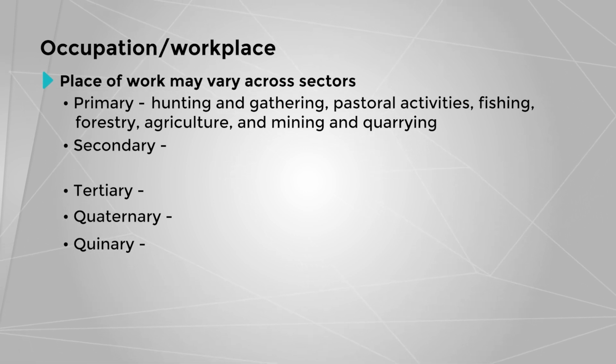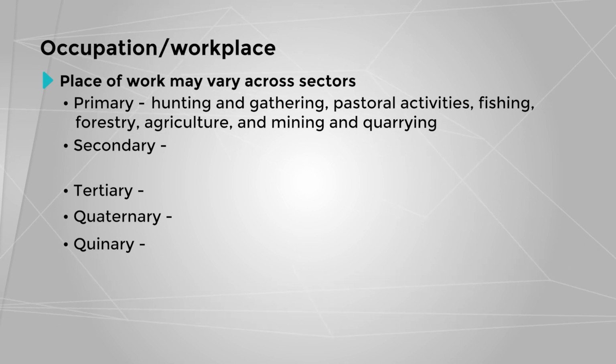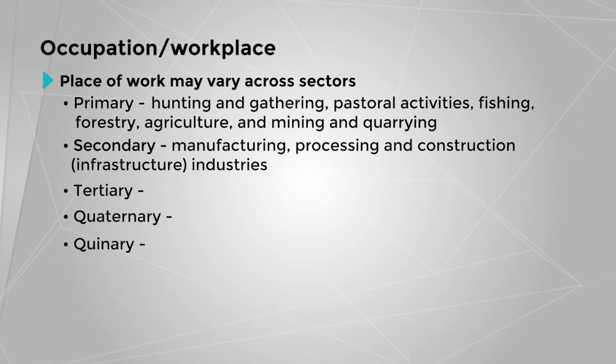People engaged in primary activities are called red collar workers due to the outdoor nature of their work. Secondary activities are concerned with manufacturing and processing industries. These activities transform the raw material received from primary industry to finished products.